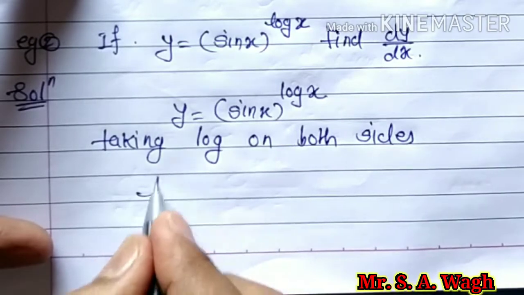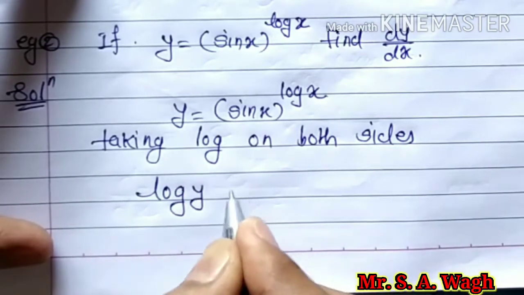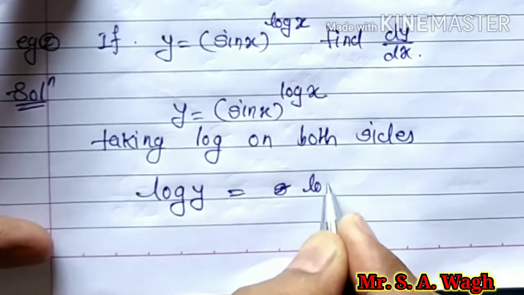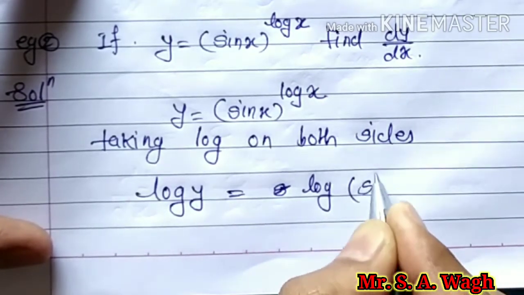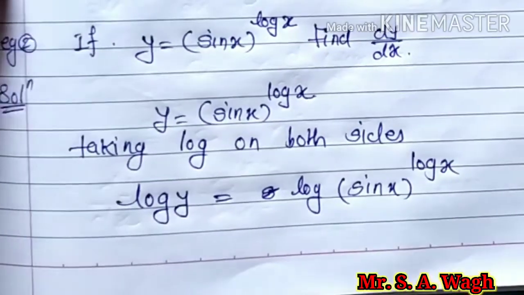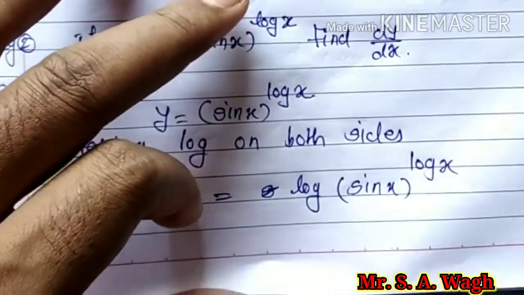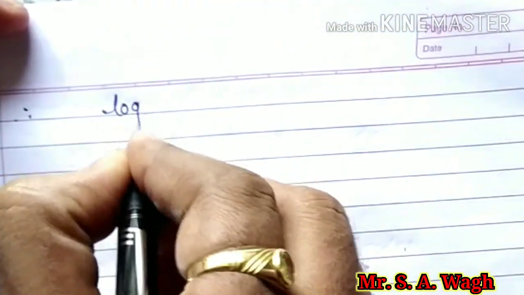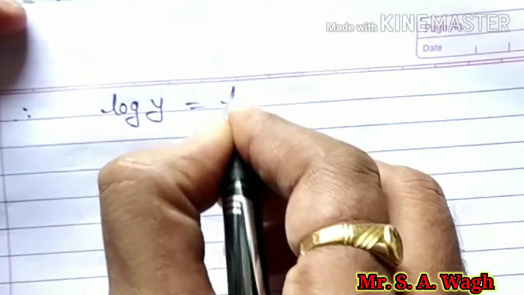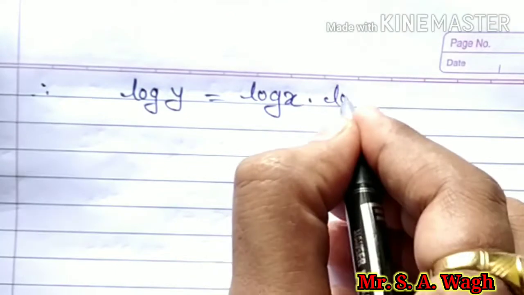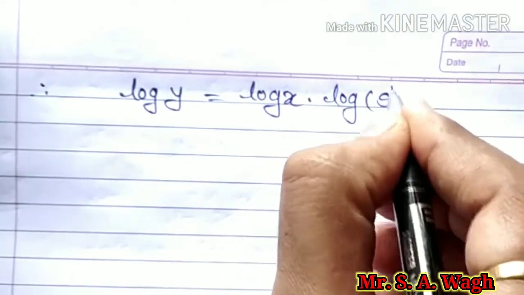What will be log of y? It is equal to log of bracket sin x to the power log of x. Applying the rule of logarithm, we will have log of y equal to log of x into log of sine of x.